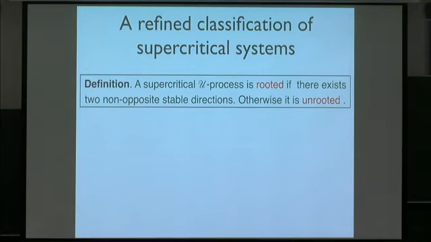Given this example, we propose a refined classification of supercritical systems. We say that a supercritical system is rooted if there exist two non-opposite stable directions. Otherwise, it is unrooted.